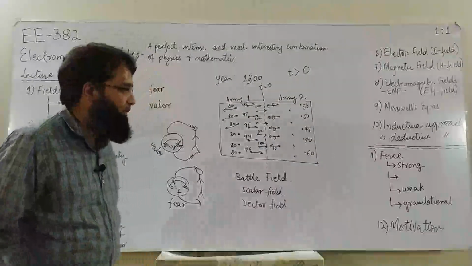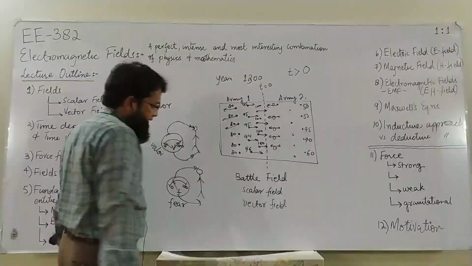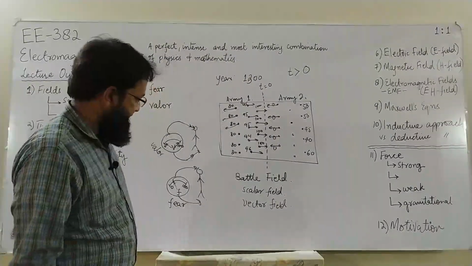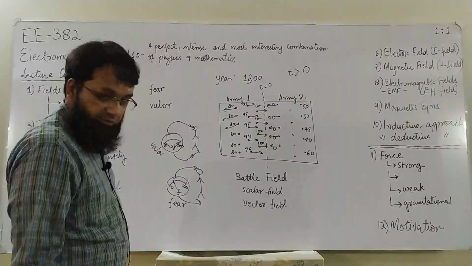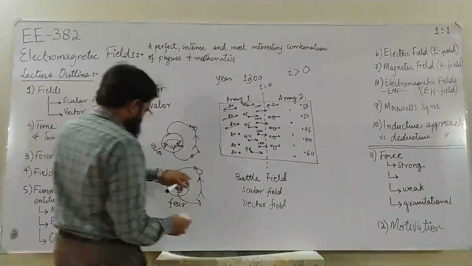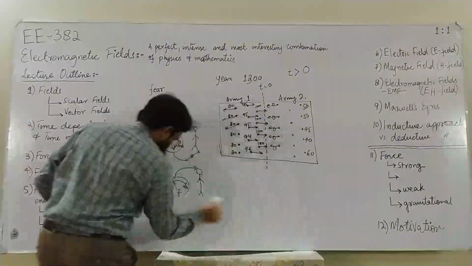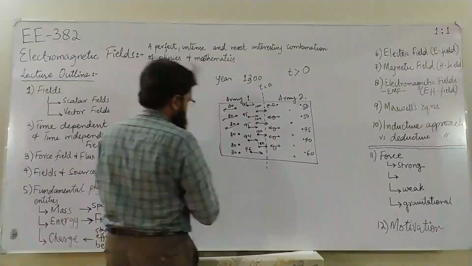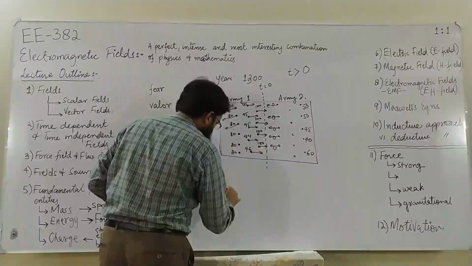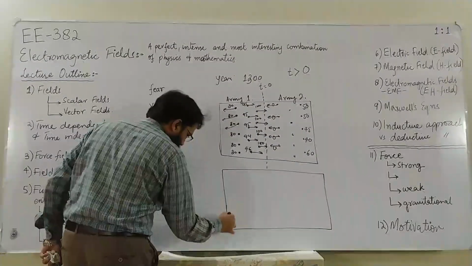If that effect is a vector quantity, then that whole battlefield becomes what? Becomes a vector field. Let me give you another example. Let's say we have got a field in which something is being grown.